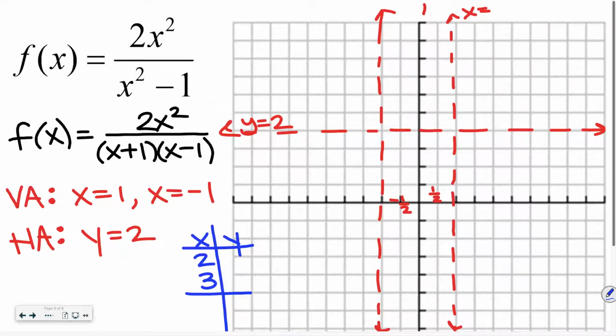We have 2 times 2 squared over 2 squared minus 1, which is 8/3. And then 3: we would have 2 times 3 squared divided by 3 squared minus 1.